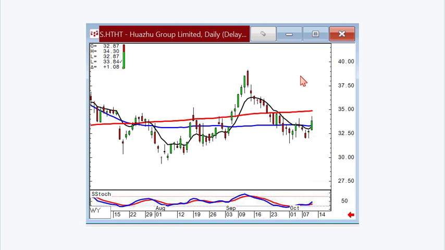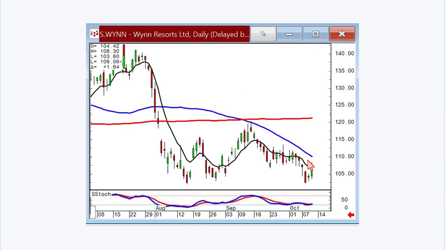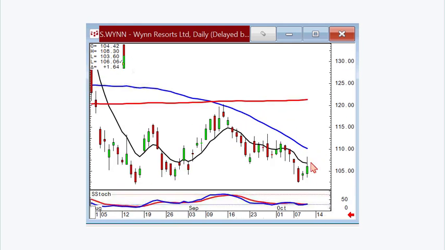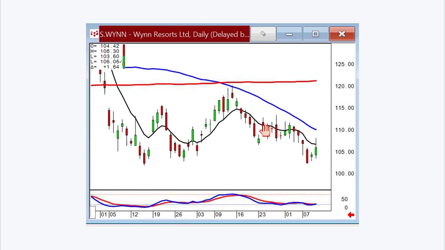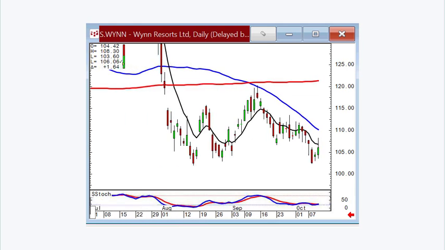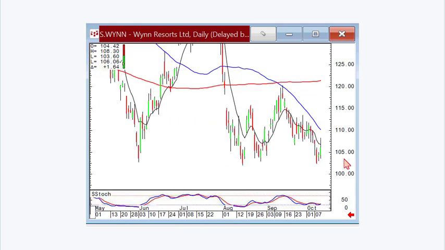Win also not only has done your doji, bullish harami, bullish confirmation, but in our option trading room, it was pointed out that there's been a 4-point bottom here.